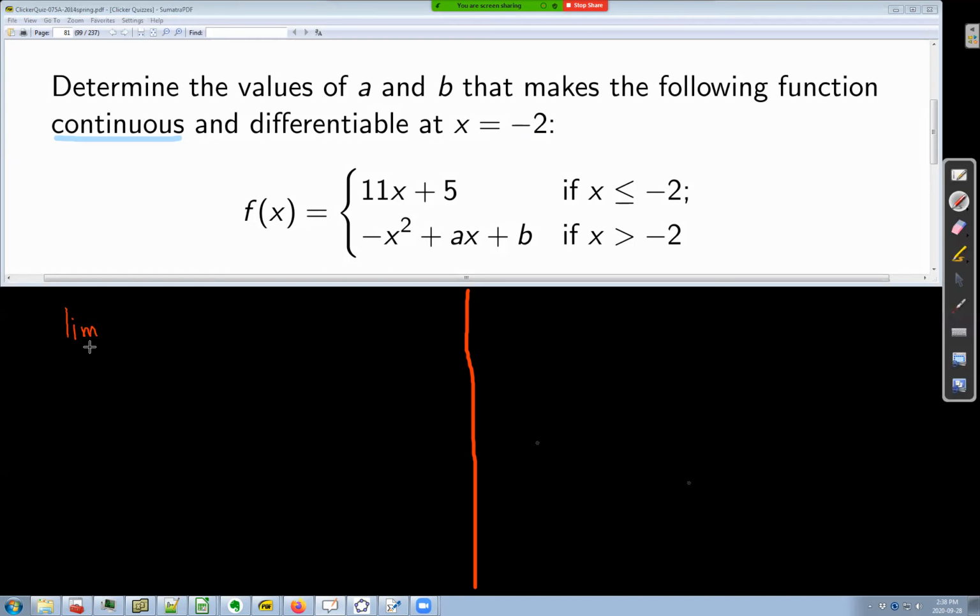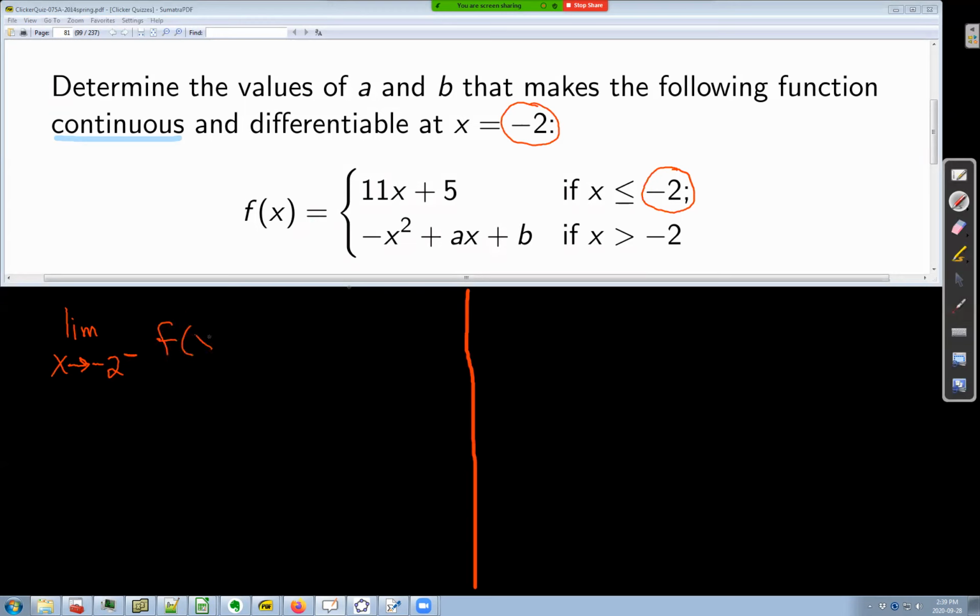On the left-hand side of the screen, I want to ask myself, what is the limit as x goes to -2, because -2 is the point that we're interested in. Oh, but I said I wanted this to be the left-hand limit, so I'll put a little negative sign there to denote the left-hand limit.